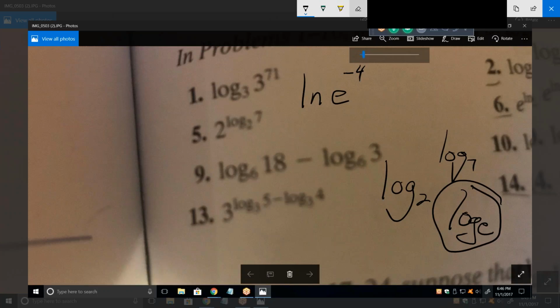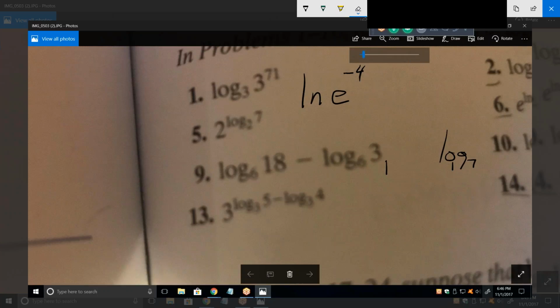So what's the first step I want to do on this? Put the negative 4 in front of it. Good, you're learning. So it's minus 4 times natural log of e. What is the natural log of e equal to? 1. Okay, good. So then it's all equal to just negative 4. You got it? Cool. What next?